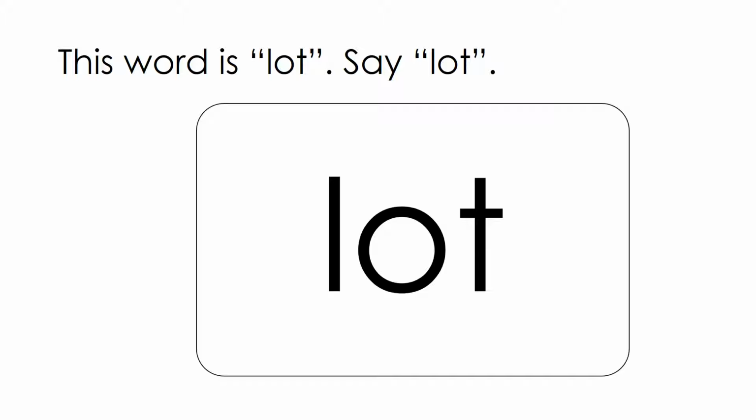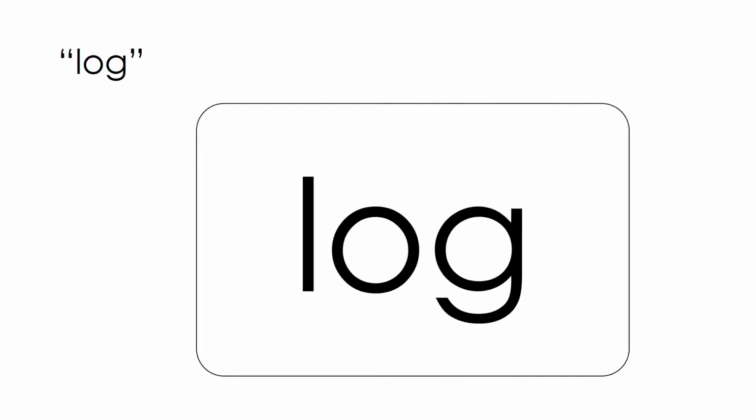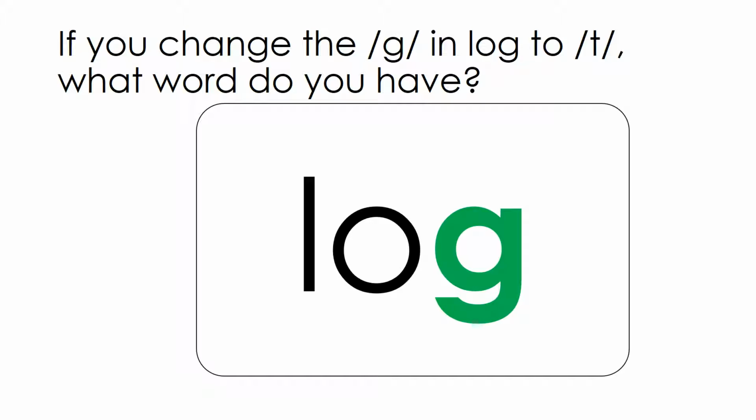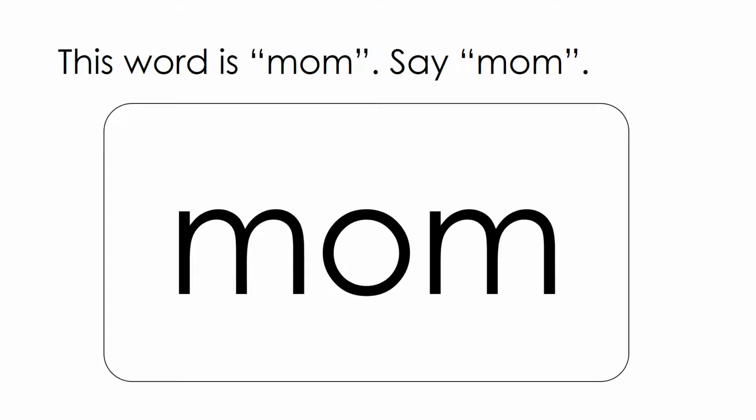This word is lot. Say lot. If you change the T in lot to G, what word do you have? Log. If you change the G in log to T, what word do you have? Lot. This word is mom. Say mom.